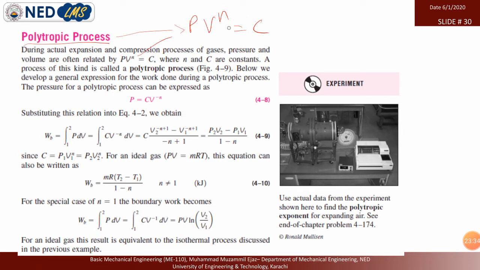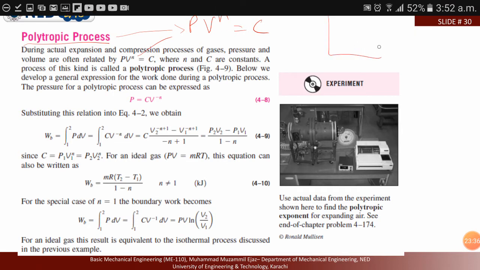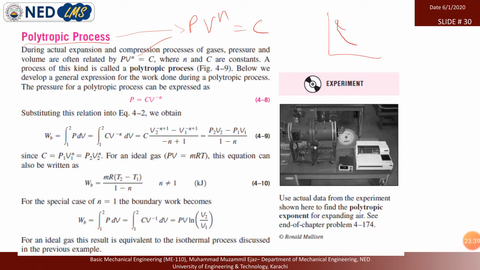So it changes the path of the system, as you see in the isothermal and adiabatic processes. When n is equal to 1, it is an isothermal process. When we have a value of 1.4, we have an adiabatic process.